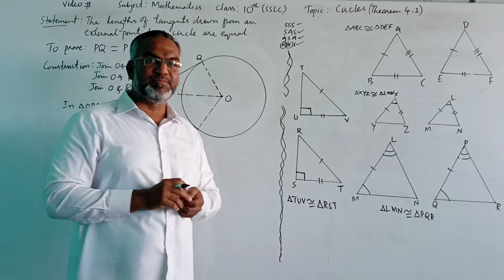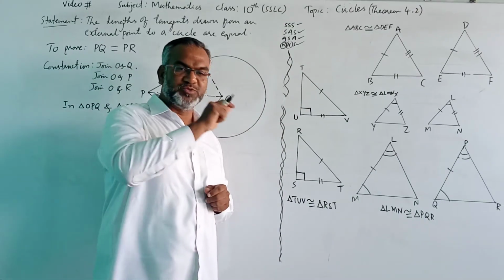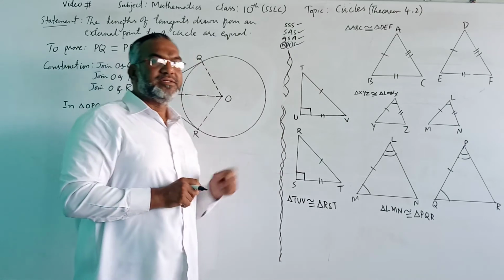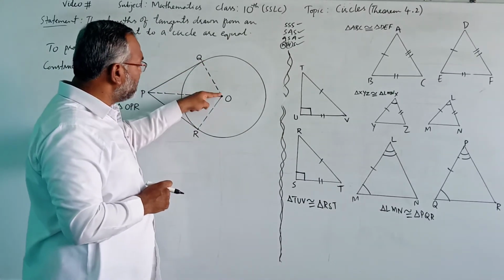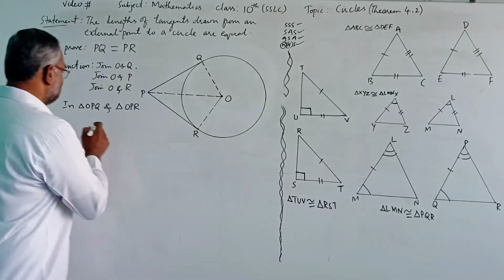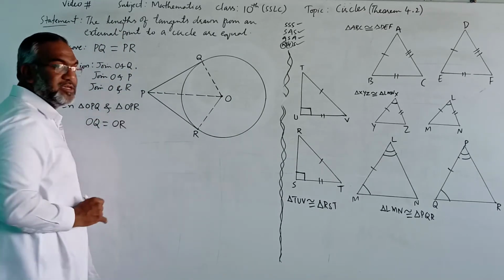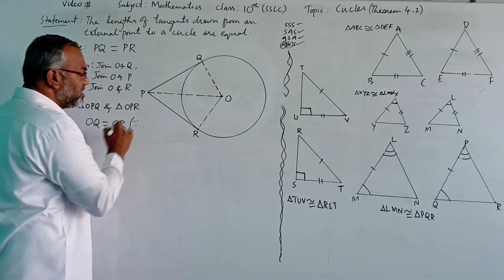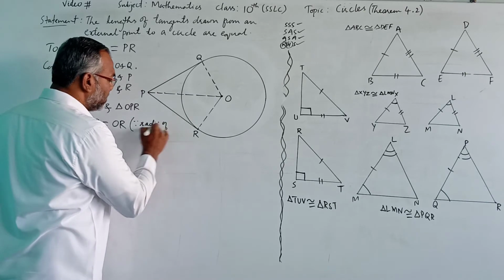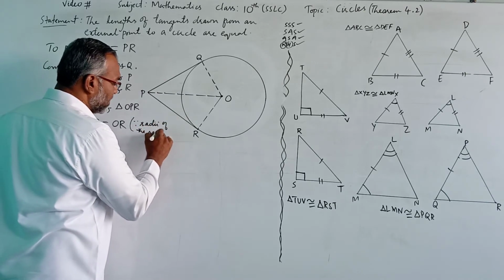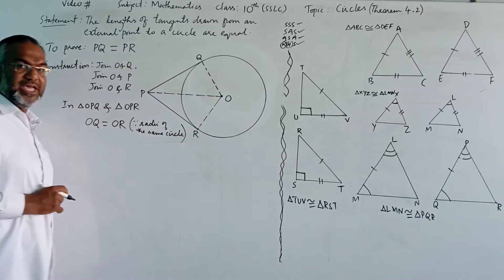When I started this chapter, circles, you can watch that earlier video, the first video on circles, that is basic concept of circles. So can I write OQ is equal to OR? Yes. Why? You have to give the reason: because radii of the same circle. These two are the radii of the same circle.